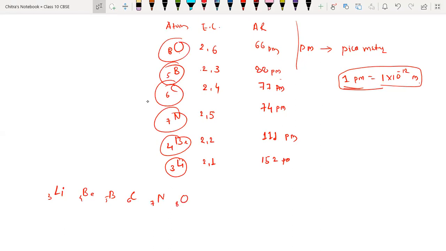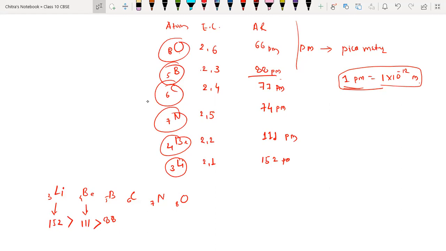See, lithium has atomic radius 152, which is greater than 111, the atomic radius of beryllium. Then for boron, its atomic number is 5, we have 88, which is less than beryllium.